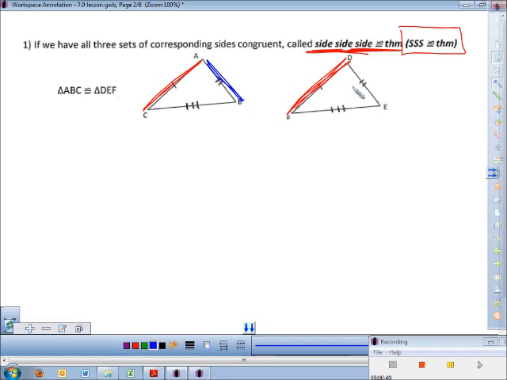Then you've got these blue sets of sides, and you've got these green sets of sides. You have to have 3 different sets of sides that correspond to each other, and they're also congruent. That's enough information to prove that those 2 triangles are congruent, and how we write it down is side-side-side congruence theorem. That says that those 2 triangles would have to be the same size, same shape. So that's one way we'll know.